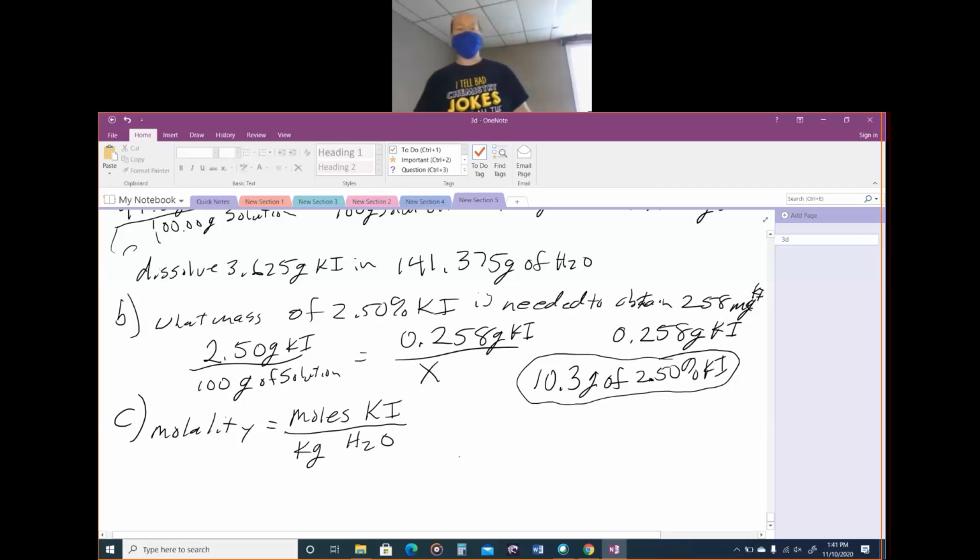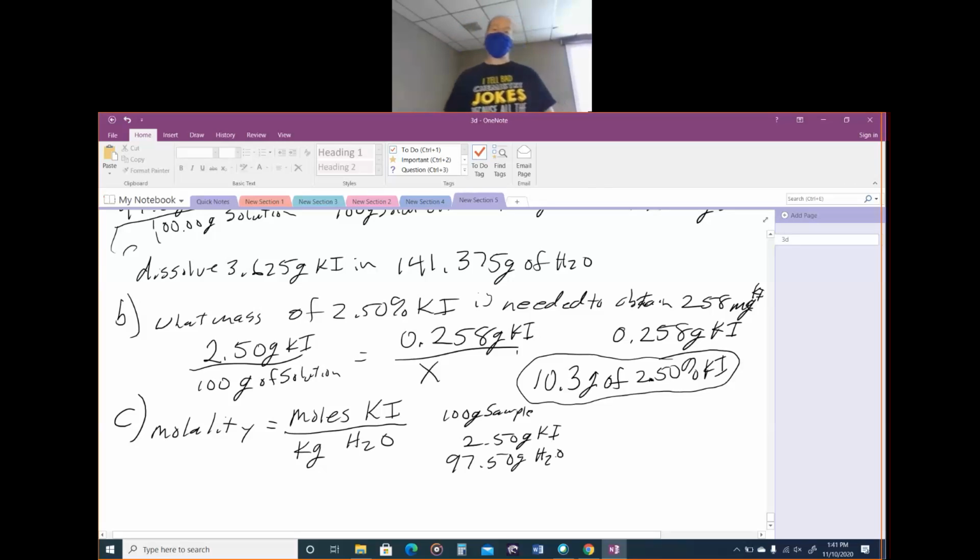All right, so now we go back and we have our 100-gram sample. And we remember our 100-gram sample has 2.50 grams of KI, and it has 97.50 grams of water. So very easy to get moles of KI.